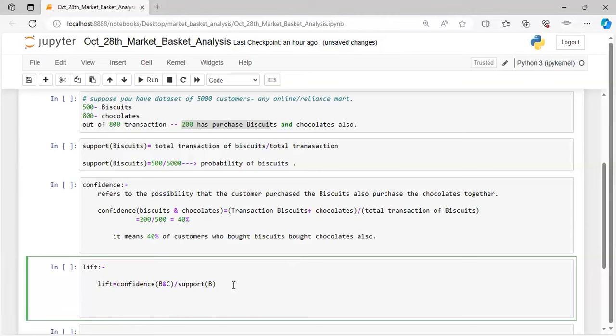If you are using the confidence of biscuit and chocolate divided by support of biscuits, it refers to the increase in the ratio of sales of chocolate when you sell the biscuits also.